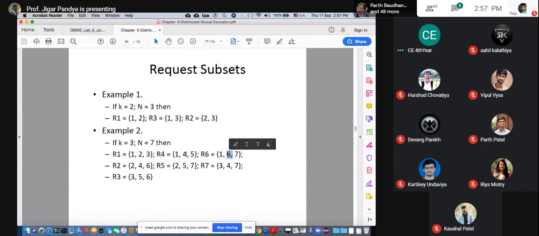Site 1 knows that it has given permission to 2, so it will not go, and 3 knows that it has given permission to 2, so it will not go. That means no other site will enter into the critical section in this particular scenario.